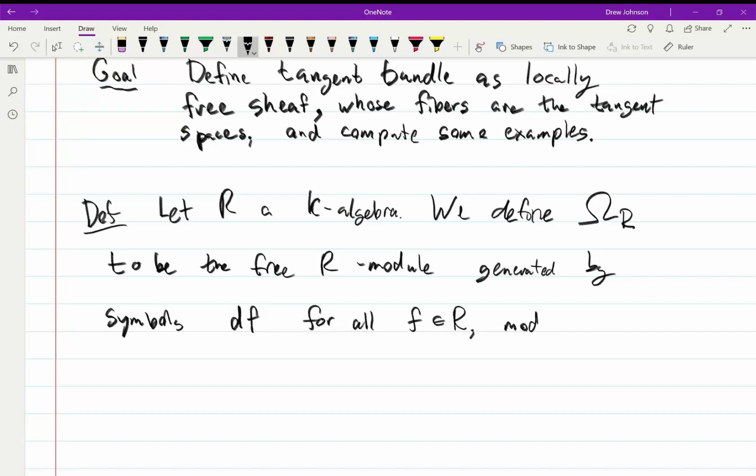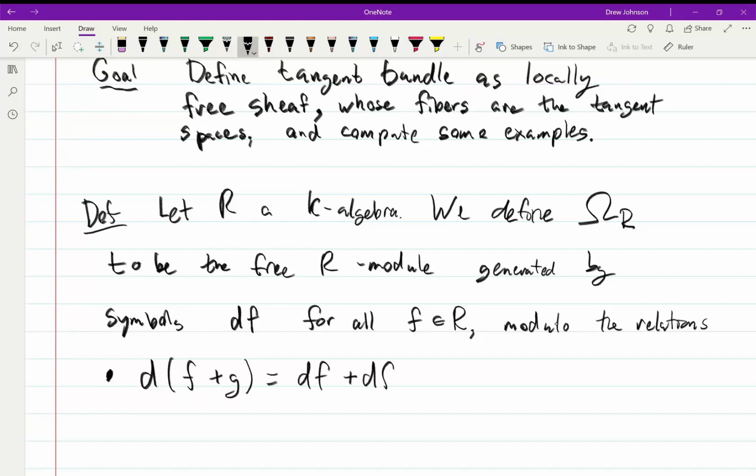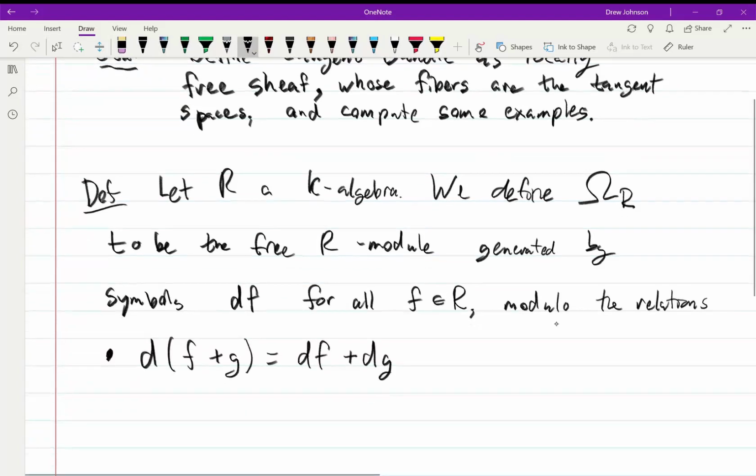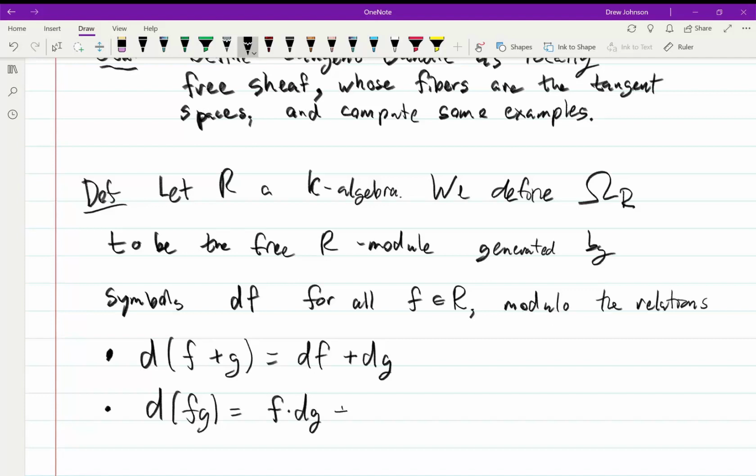So we need to go modulo the relations. So we want to impose the relations that we sort of expect from derivatives. So first, it should be linear. So d of f plus g needs to be equal to df plus dg. And then it should obey this Leibniz product rule. So d of fg is f times dg plus g times df.